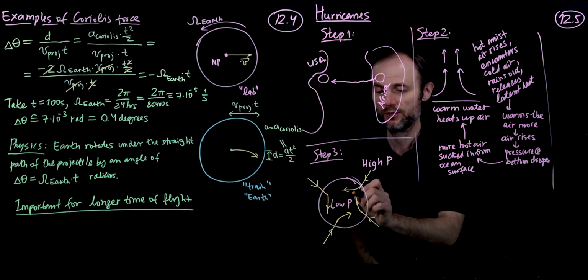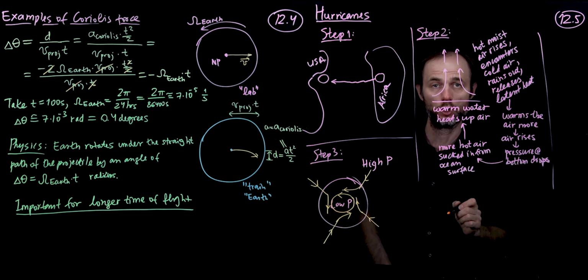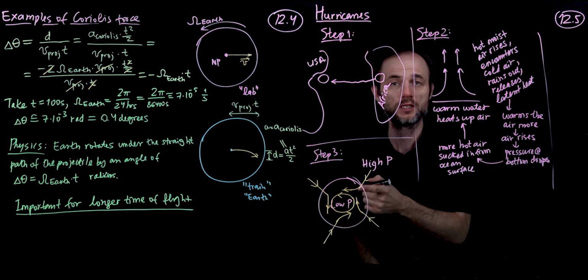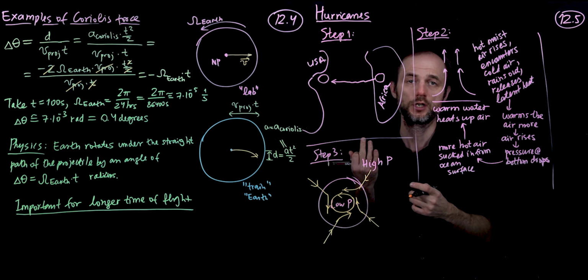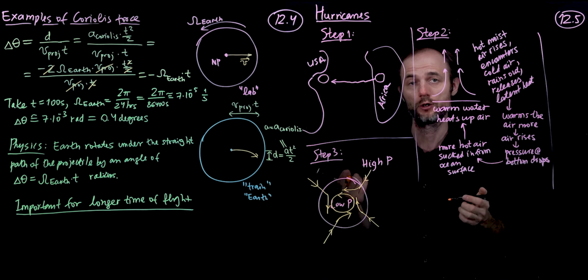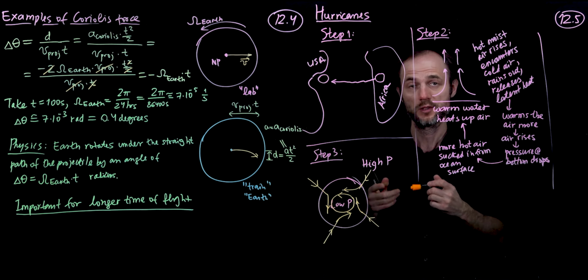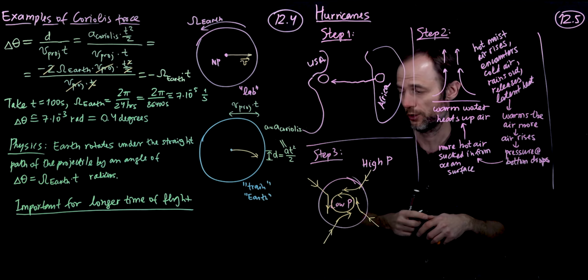That means that we have now gotten rotation that is counterclockwise. This means that the Coriolis force causes these updrafts, which are thermally launched, to rotate counterclockwise. And that is solely due to the effect of the Coriolis force.